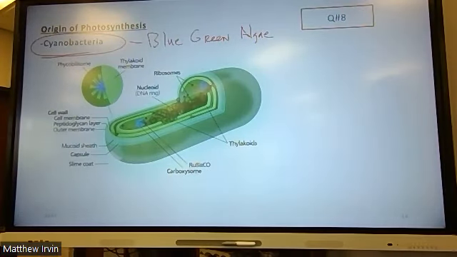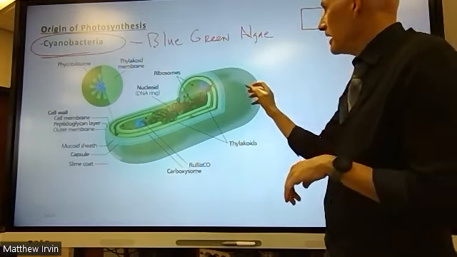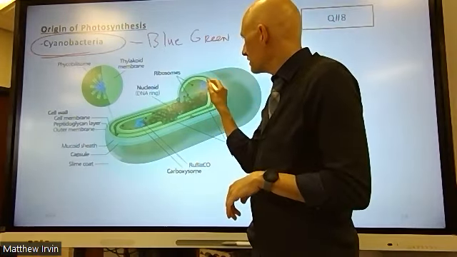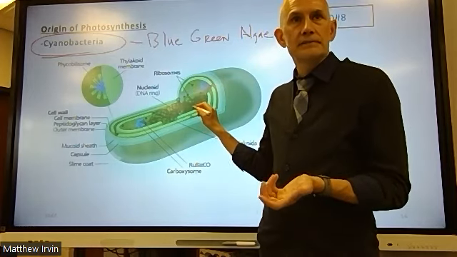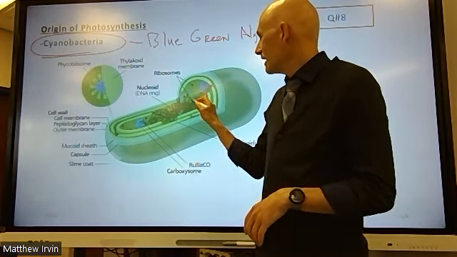They can be individual cells. But basically, each cyanobacterium is a chloroplast. It's got an outer membrane, and then it's got layered membranes inside that are thylakoids. And then inside of the cytoplasm, there is rubisco, which is going to do the carbon fixation for that cell.